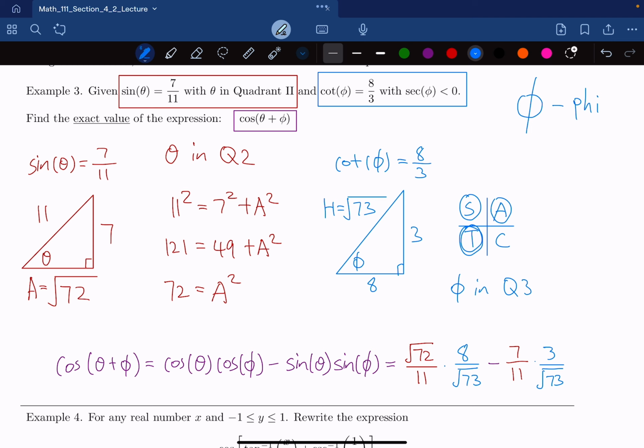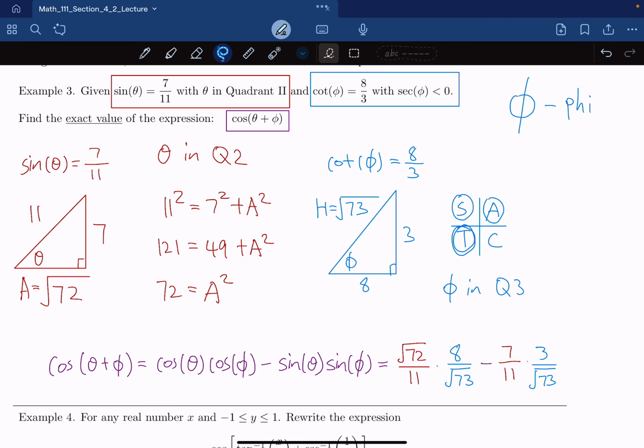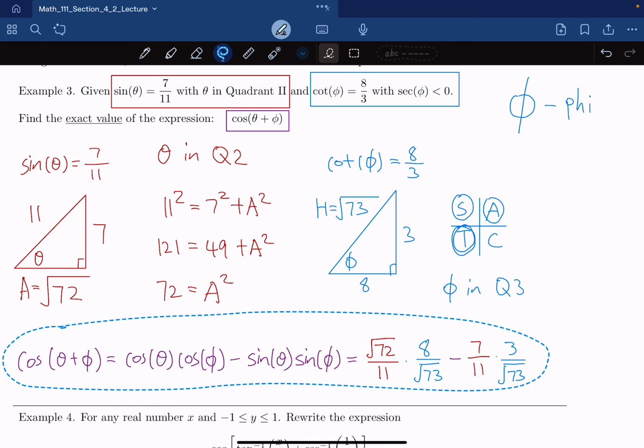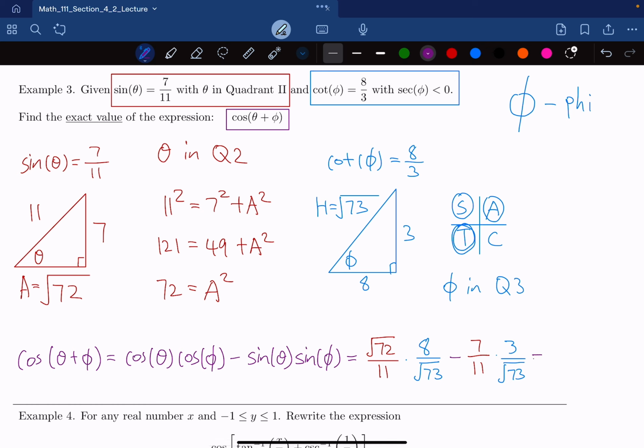Okay, and there's really not much to do here. If you want, you can simplify this a little bit. But there's really not much you can simplify, because this term comes out to be very simply 8 radical 72 over 11 radical 73.